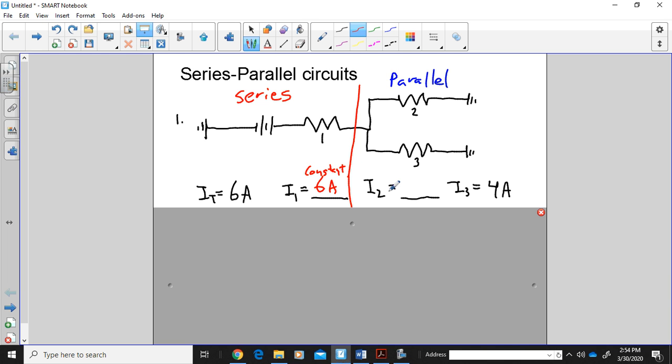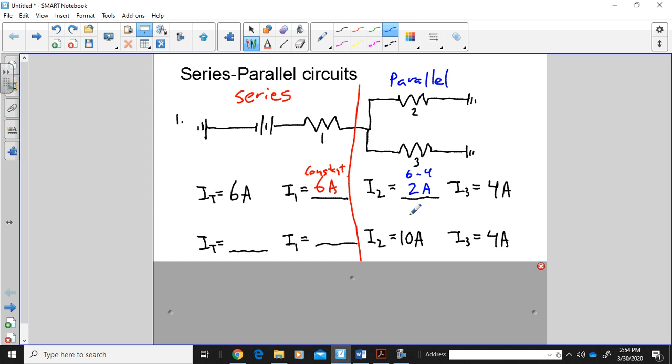On the other side, parallel circuits. What do you know about current in a parallel circuit? Well, the 6 amps comes in and then it splits. 4 goes down here, so how much would go up here? So you can do 6 minus the 4, leaving 2 amps for the top. That's the first one.